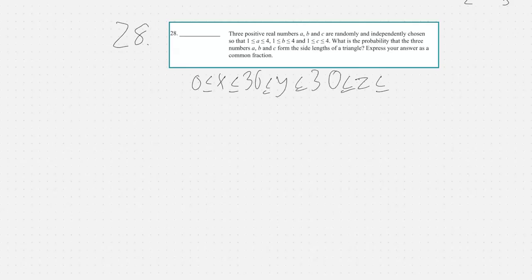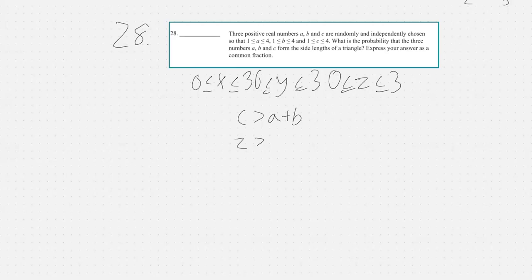So for it not to work, first of all, without loss of generality, c is the biggest one, and then we can multiply by 3 at the end. Like c is the biggest side length. So for it not to work, c must be greater than a plus b. So z must be greater than x plus y plus 1.